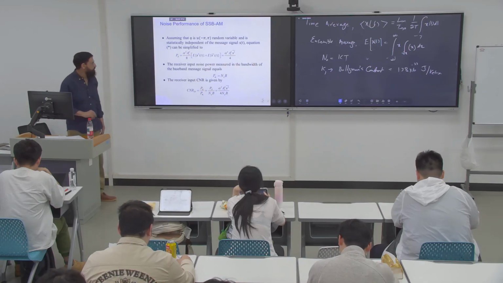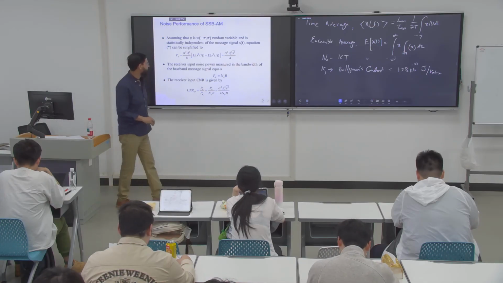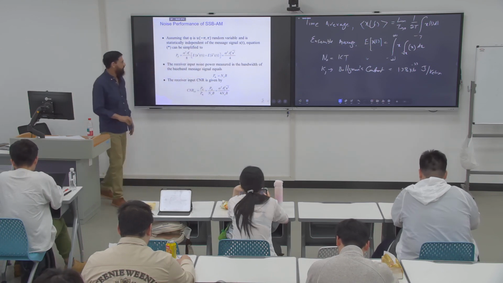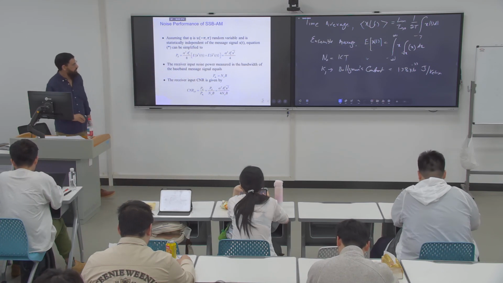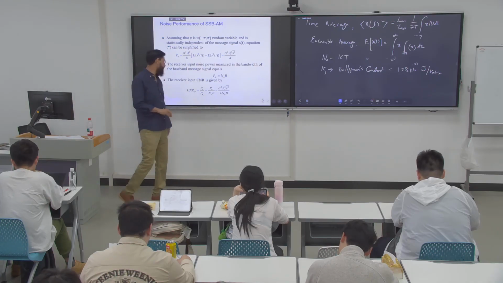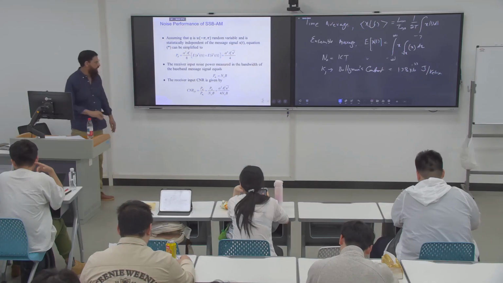So the receiver input noise power measured in the bandwidth of the baseband message signal is given by this, right? The receiver input CNR is given by PR divided by PNI.